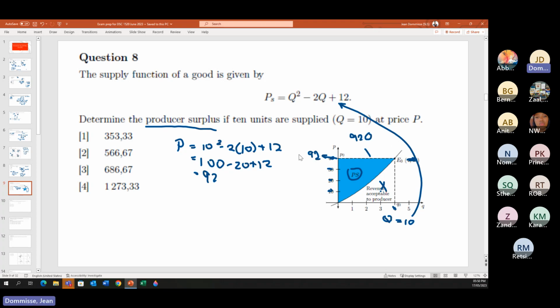So what we need to do is first integrate that formula. Then we're going to replace it with the 10 and the 0. So let's quickly just do that. So if we integrate, when we differentiate it, we take the exponent to the front.